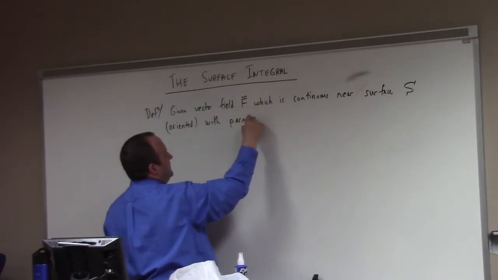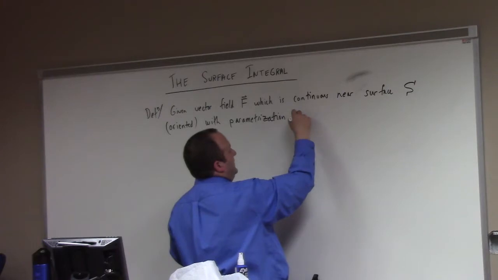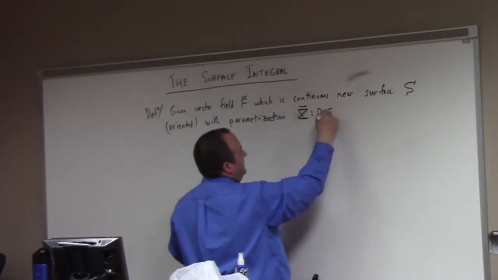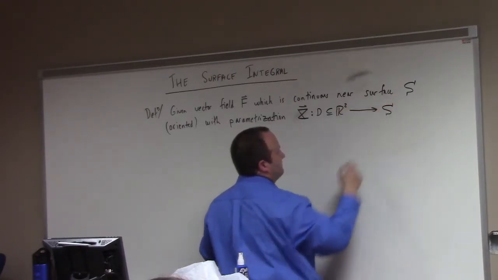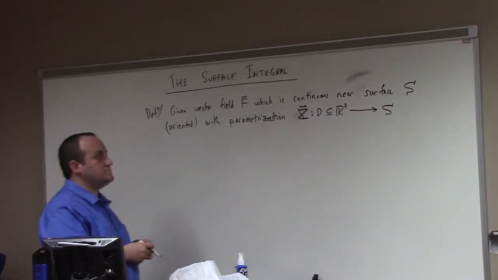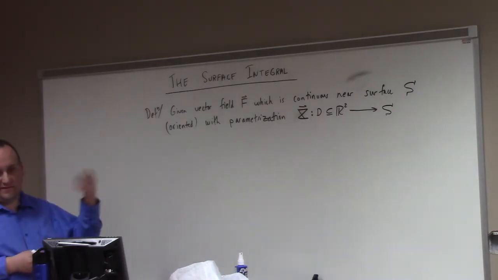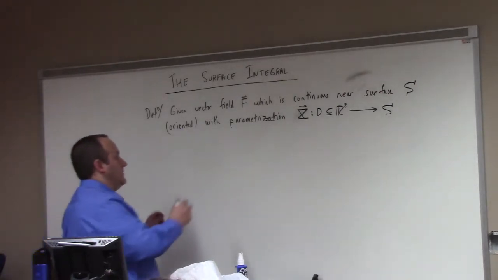How do we parameterize a surface? We use something like R. Well, I often use a big X here, so I'll use that. Big X vector. This is a mapping from a domain, which is a subset of R2, to S. So we have a parameterization, big X, of the surface. We've got a vector field F, right? How do we define the surface integral?